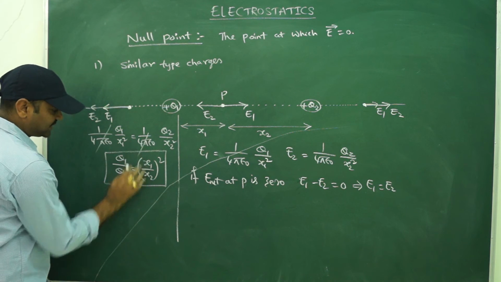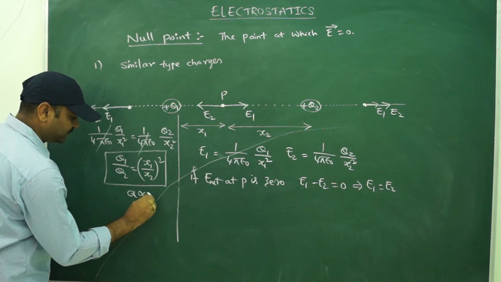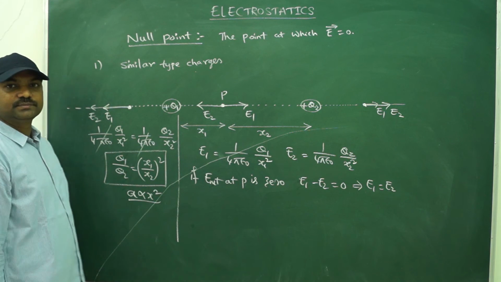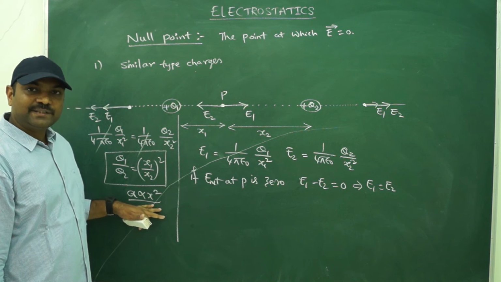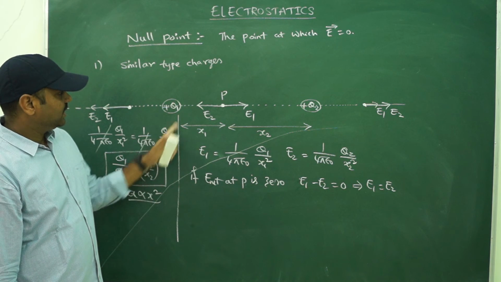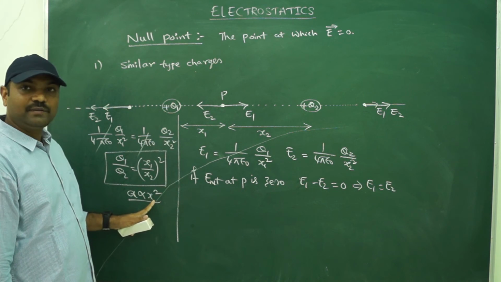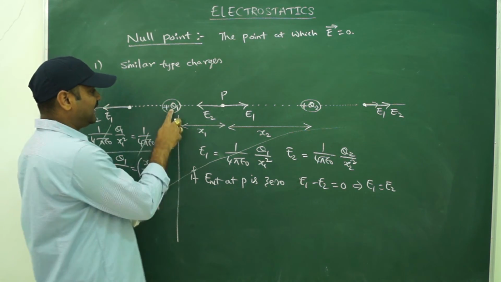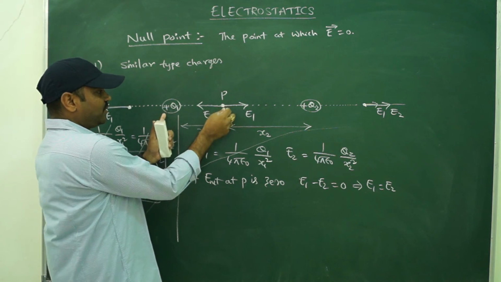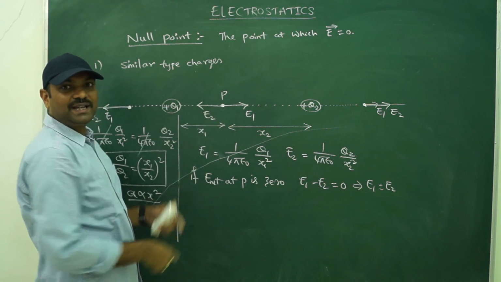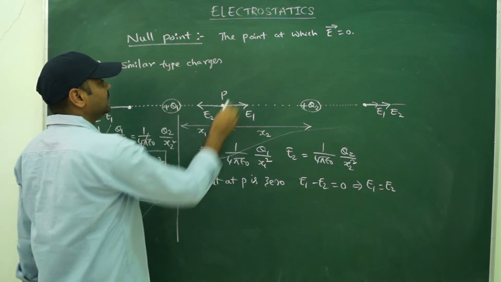From this expression I can write down q proportional to x square. What I want to express from this is, if the q value is more, the x value will be more, and if the q value is less, the x value will be less. So the point will be closer to the lesser magnitude of charge. So what is the conclusion?